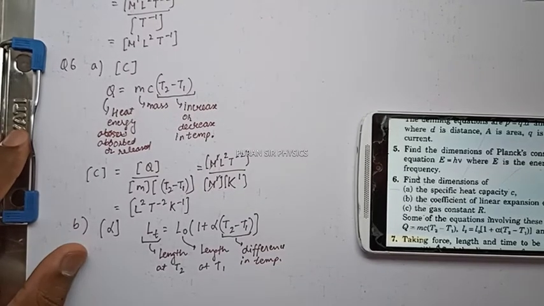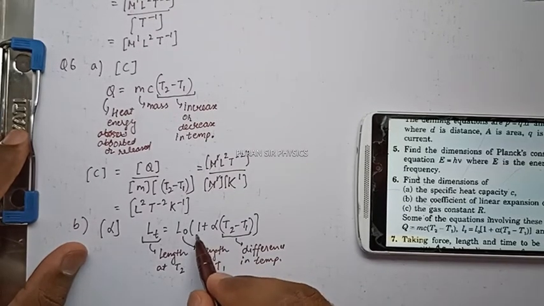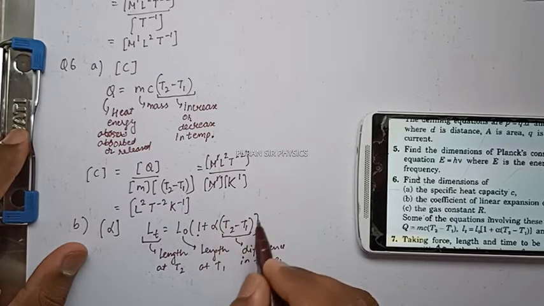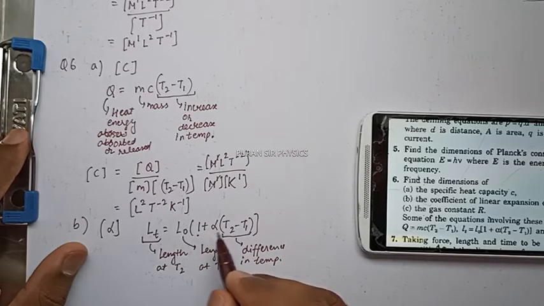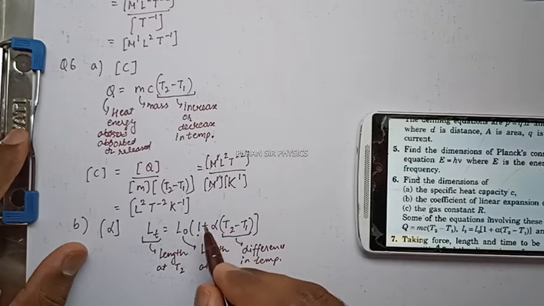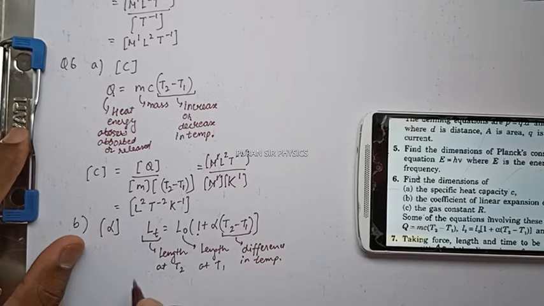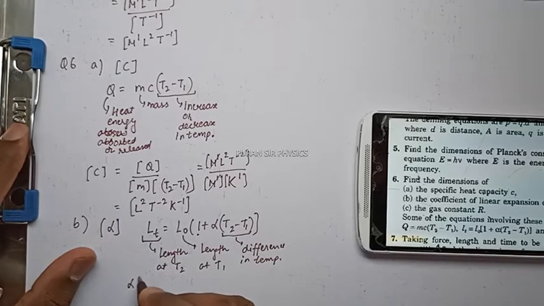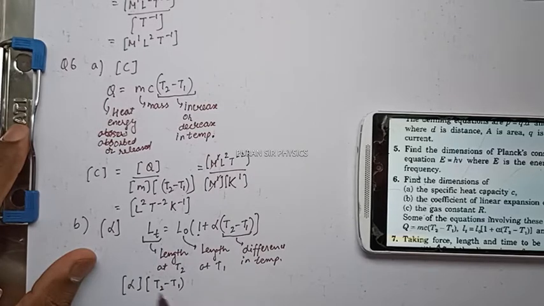So if we see, this one is dimensionless, so this product has to be dimensionless because here it is being added, both should have the same dimension, so it must be dimensionless. So here I can write dimension of alpha into dimension of T2 minus T1 must be equals to 1.